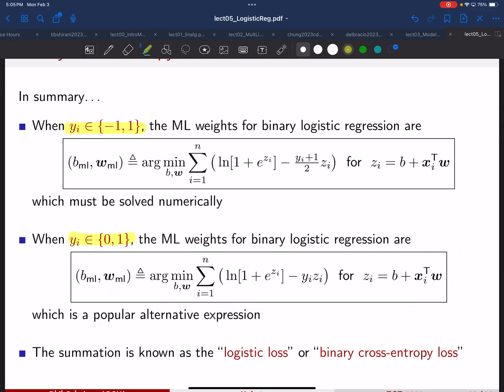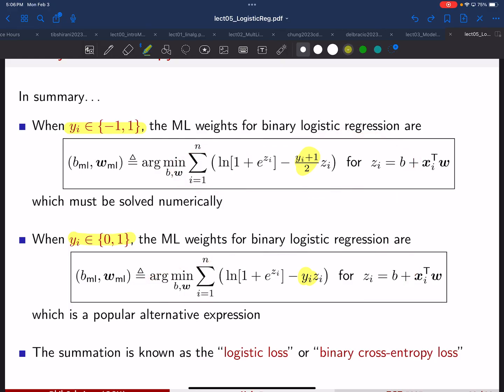The thing that changes is the switching variable. So this was the switching variable we needed over here when y is plus or -1. And if we would have redone the derivation for this, the switching variable would have just been y_i. And you can see it's very similar. It's just that it changes here and here. So depending on how your labels are set up, you need to use the right one of these expressions.